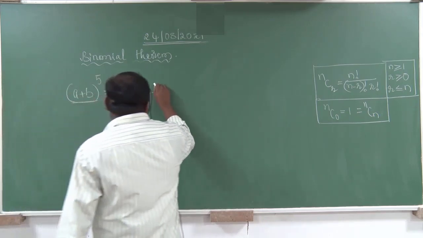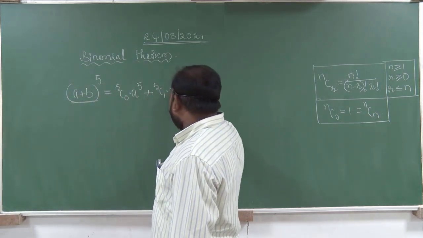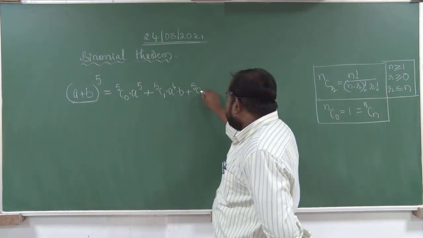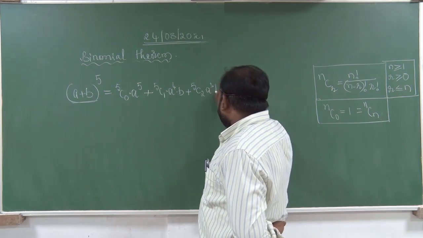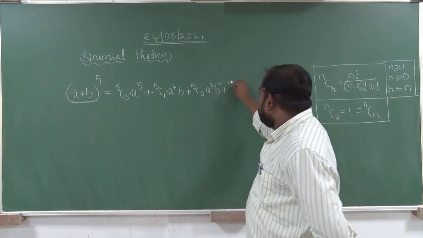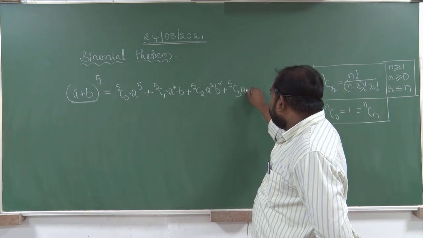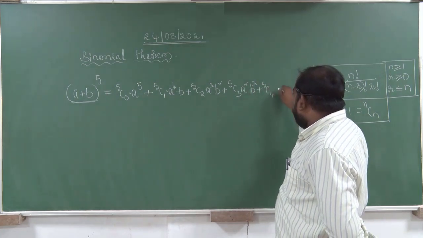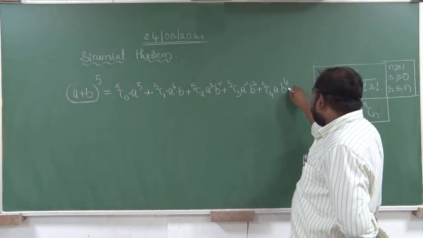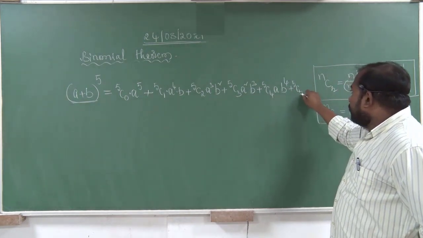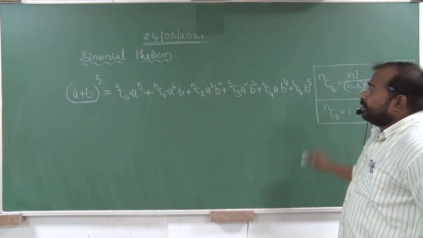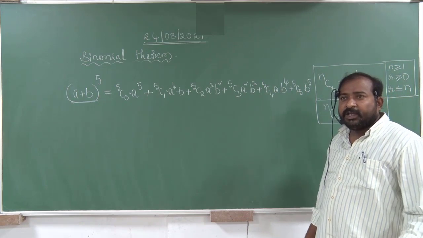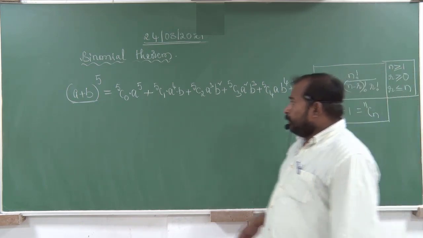So what is the next value? 5C1 into a power 4 into b plus 5C2 into a cube into b square plus 5C3 into a square into b cube plus 5C4 into a into b power 4 plus 5C5 into b power 5, like this. Whatever the power given, simply we have to find the binomial coefficients.